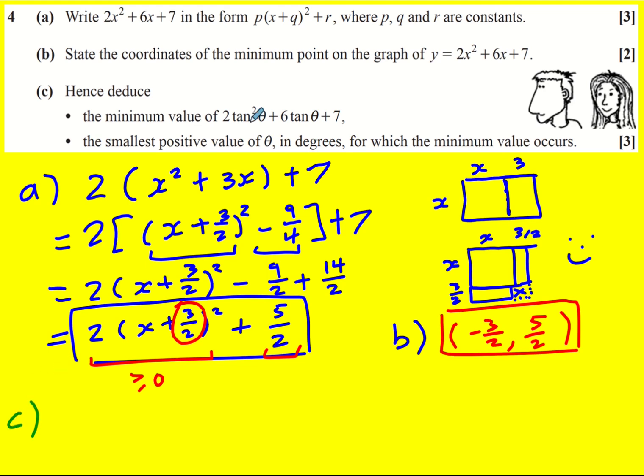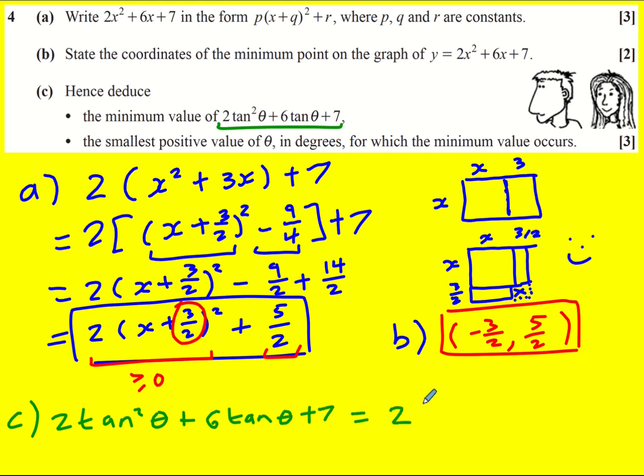Finally, we're asked to deduce the minimum value of this thing. Okay, we've got tan involved. This is slightly different. But as you can see, there's a striking resemblance with our original function. So we're going to go for exactly the same.